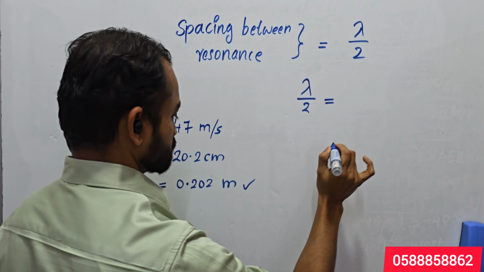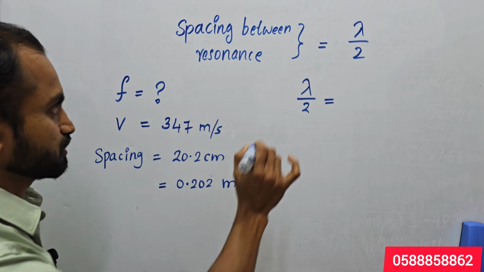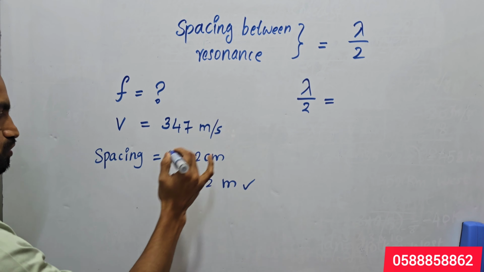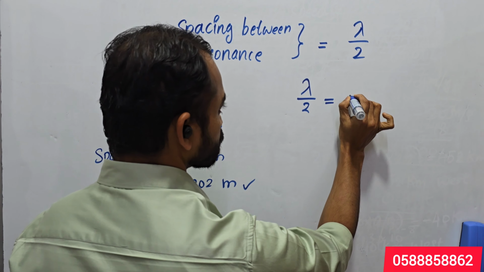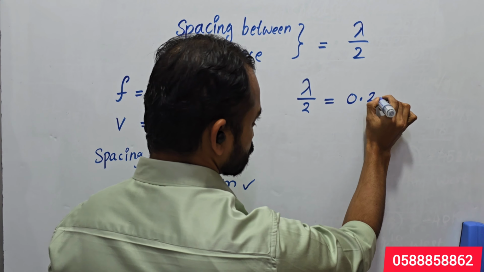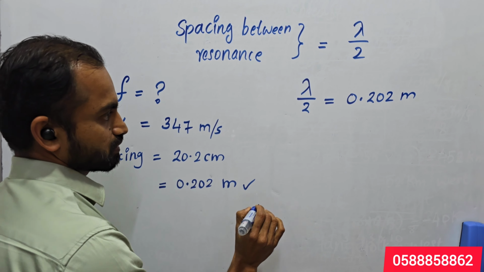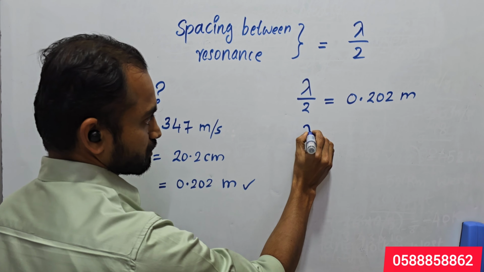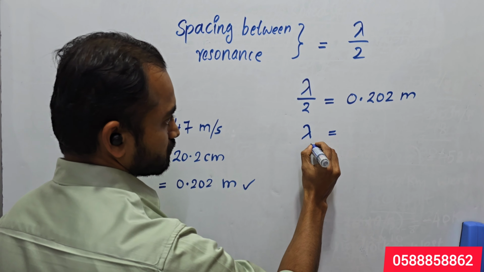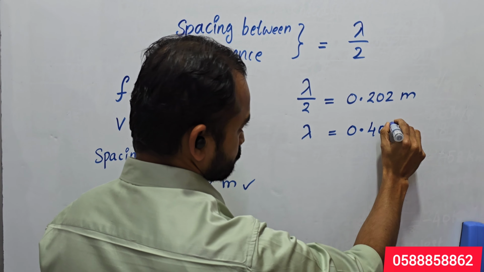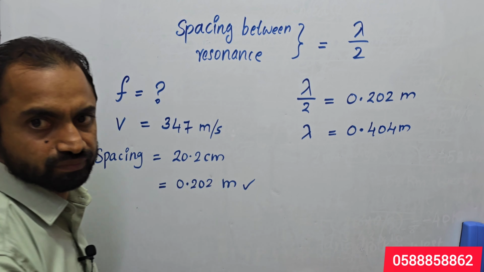So you wrote like this, right? The spacing between two resonance equal to lambda by 2. So lambda by 2, that is equal to 0.202 meter. So lambda is 0.404 meter, right? Yes.